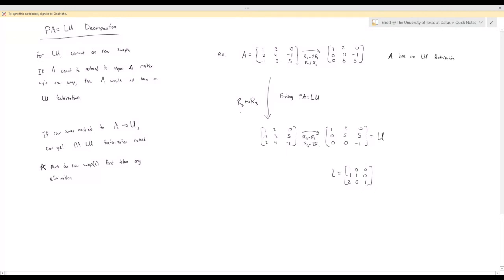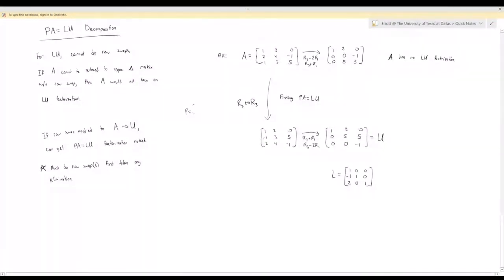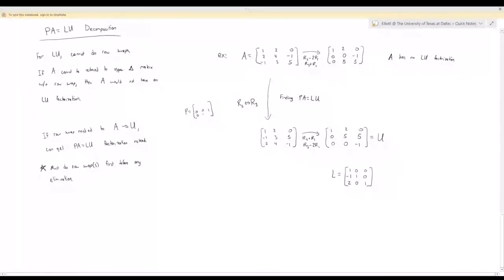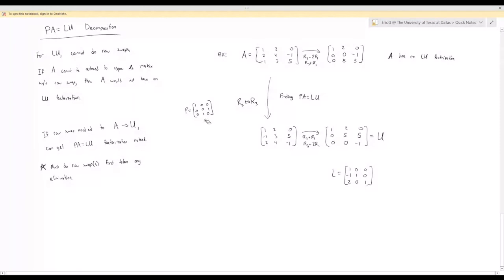So if we take the elementary matrix corresponding to this row operation, so if we take the identity matrix and swap rows 2 and 3 of the identity, then this would be the corresponding elementary matrix to this row swap.